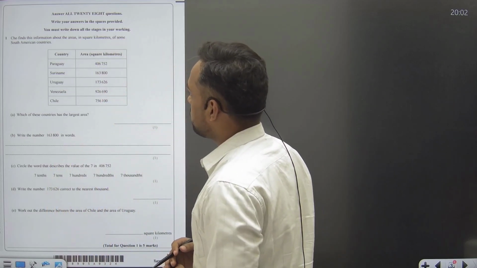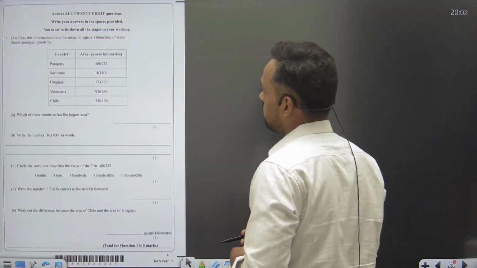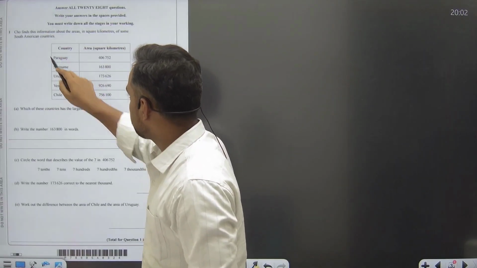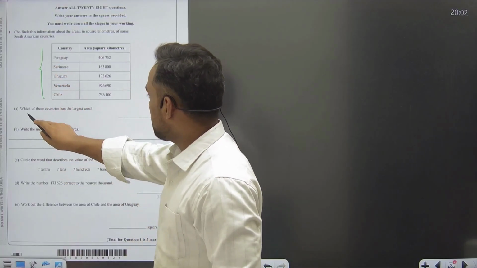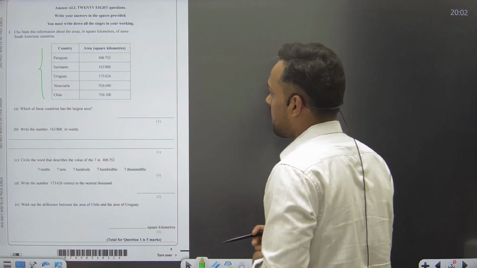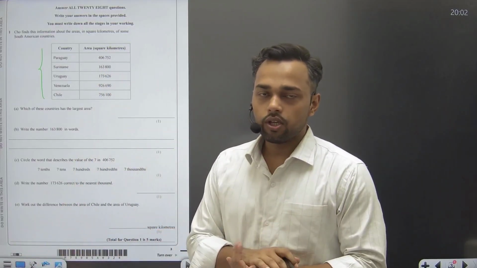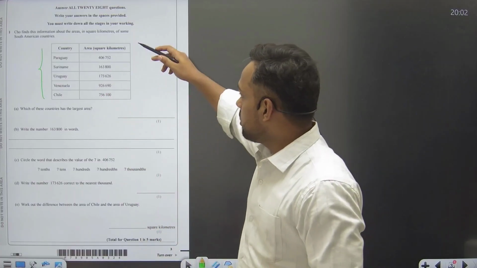Shown is some information about the area in square kilometres of some South American countries. Here they have mentioned the country names. The first question asks which of these countries has the largest area. First, we need to count the digits present in the data.